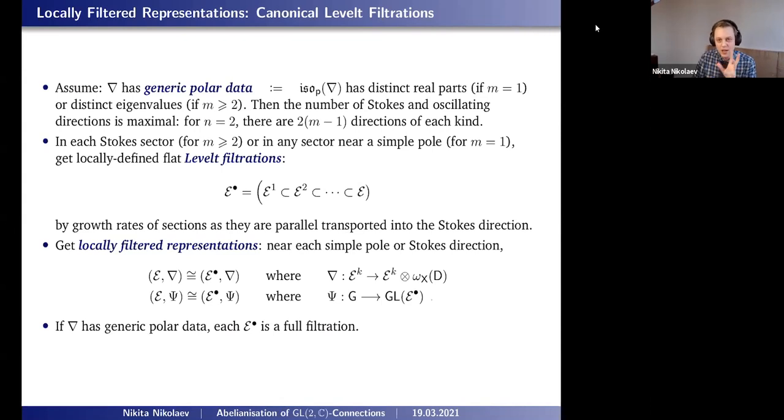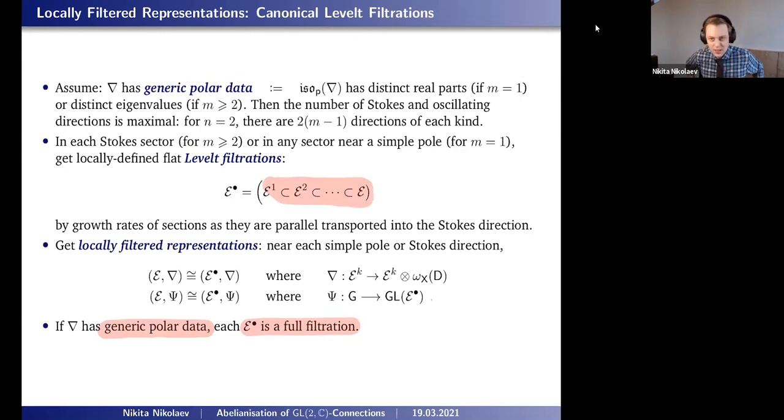Right, but so that's why they're only locally well defined, or only locally canonical. And another point to say is that if I do assume this generic polar data, then these filtrations are in fact full. So they're one-step filtrations. So these are vector bundles of increasing rank by 1.